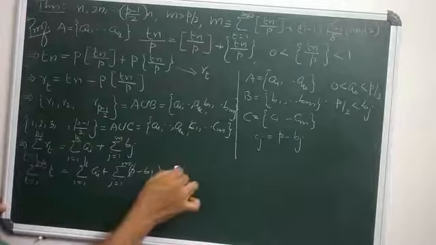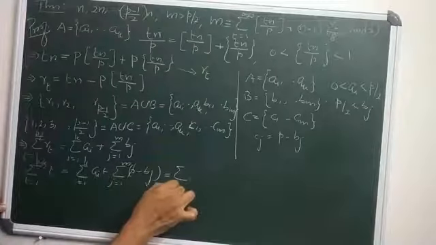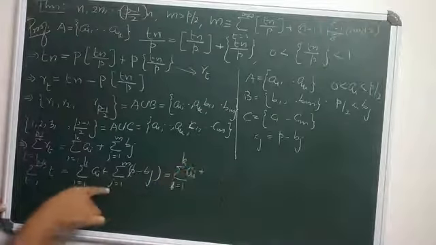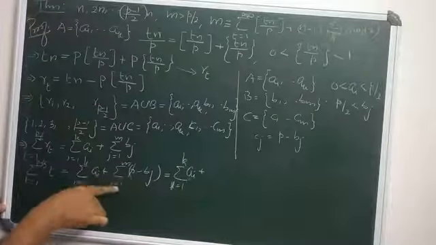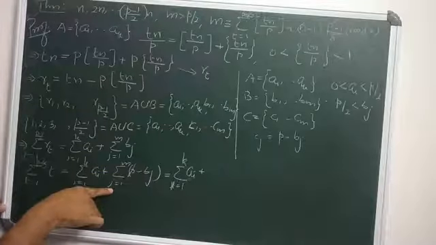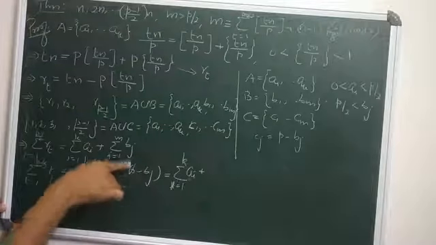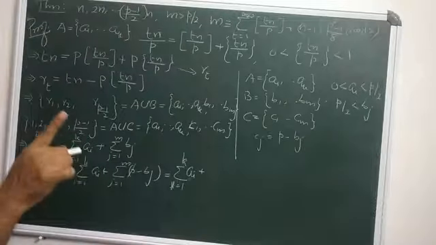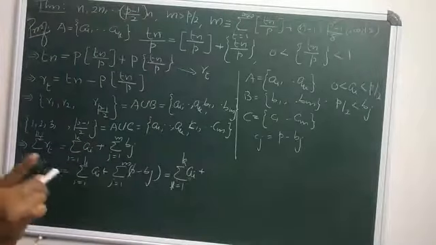So that is nothing but sigma I ranges from 1 to K of Ai plus, if you distribute the sigma, since P is independent of this J, it is P into sigma J ranges from 1 to M of 1. Sigma J ranges from 1 to M of 1 is M, that is 1 in M times.